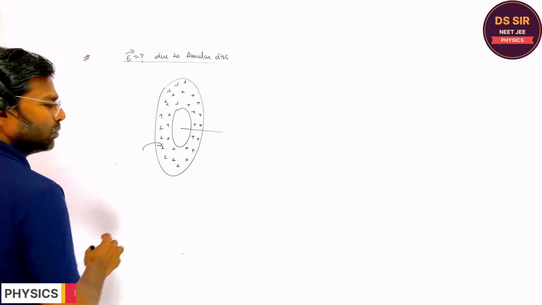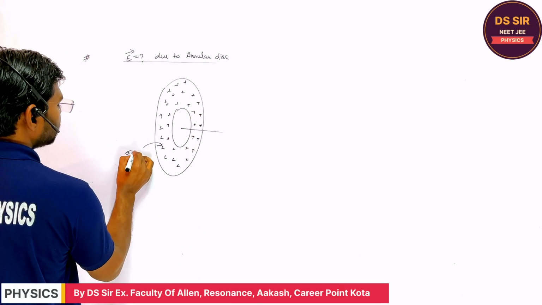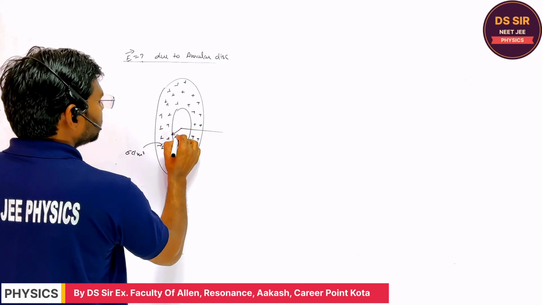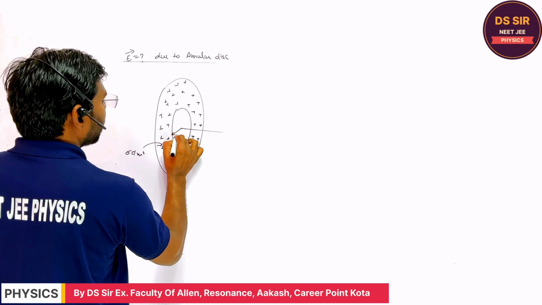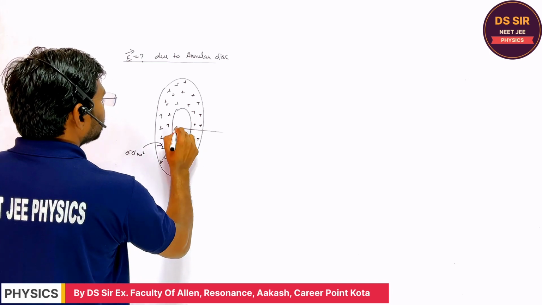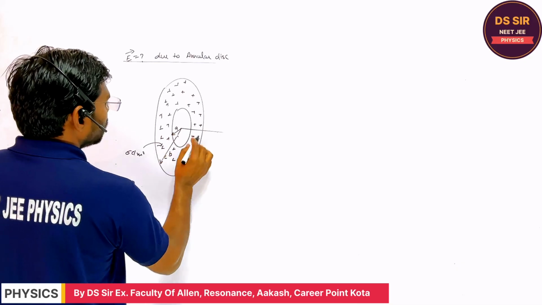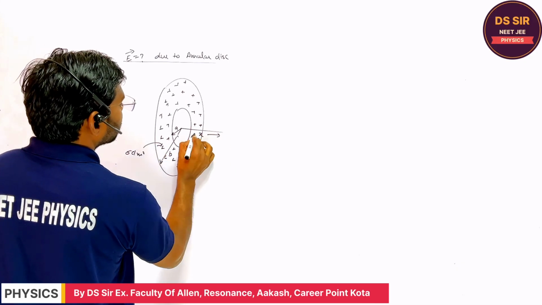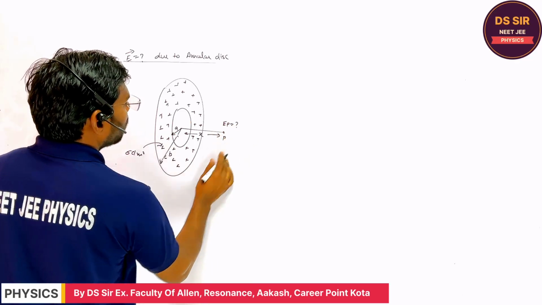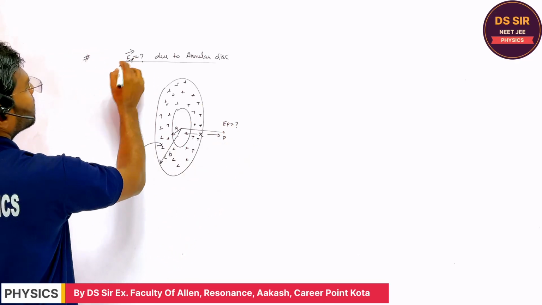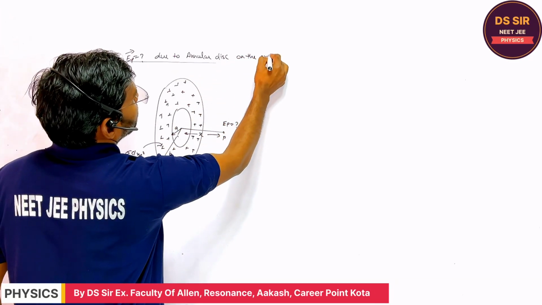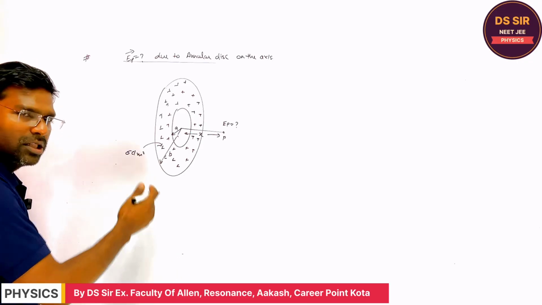This portion is removed. The surface charge density is sigma coulomb per meter square. The inner radius is A and the outer radius is B. This is A, this is B. You have to find the electric field at distance x on the axis. Is it clear or not? Find the electric field due to the annular disk on the axis. This is the question. I think you can think.